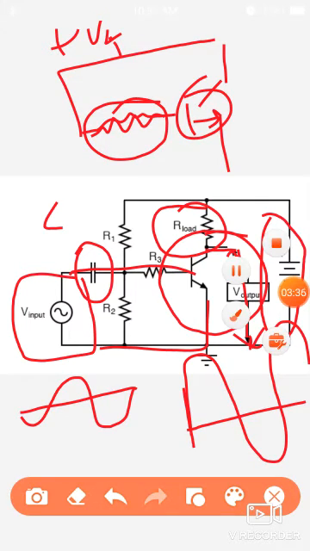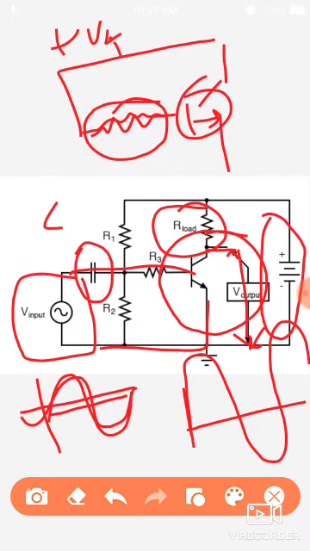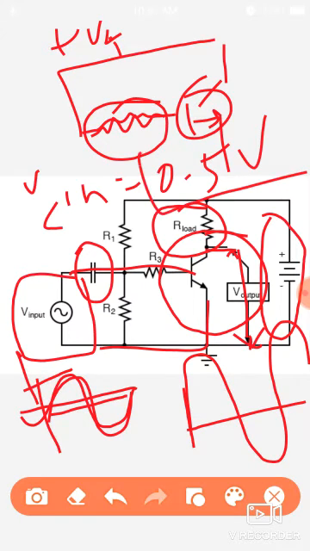So we applied a voltage, or we have a signal of low voltage. For example, V in equal to 0.5 volts, then corresponding to this voltage we have a large value.